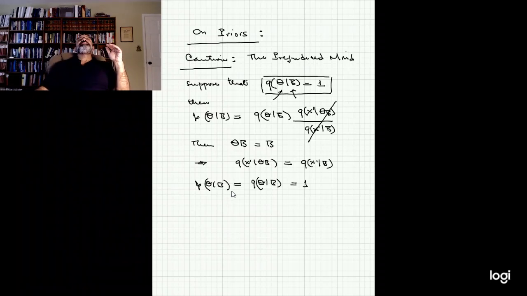So if you are completely convinced that Jupiter has no moons, to quote the famous Galileo example, then you might not even want to look through the telescope, right?